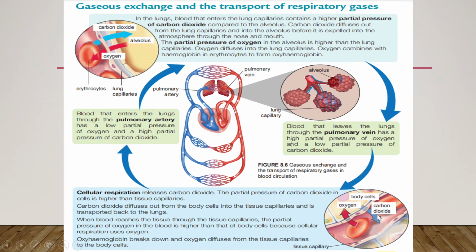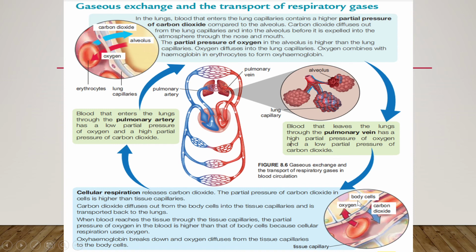You have learned about cellular respiration, and do you still remember that it releases carbon dioxide? That means carbon dioxide is one of the products of cellular respiration. So this explains why the partial pressure of carbon dioxide in the cells is greater than the one in the tissue capillaries.